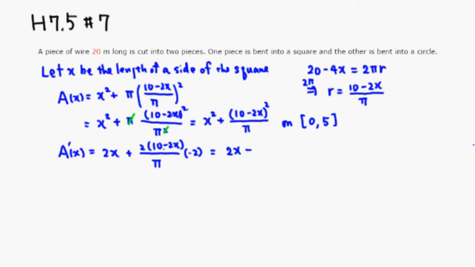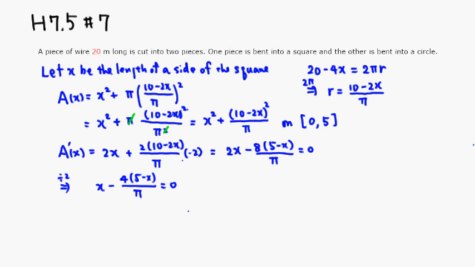Both terms have a 2 in them, so I'm going to pull another 2 out. So 4 minus 8, and then you have a 5 minus x over pi, and we set this equal to 0. Then divide through by 2, and we get x minus 4 times (5 minus x) over pi equals 0.